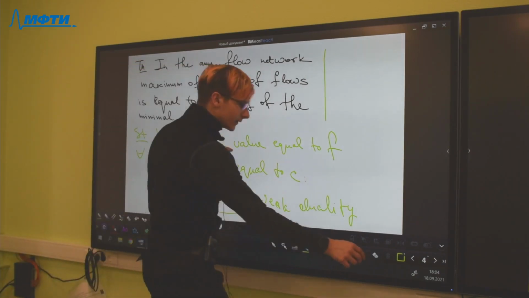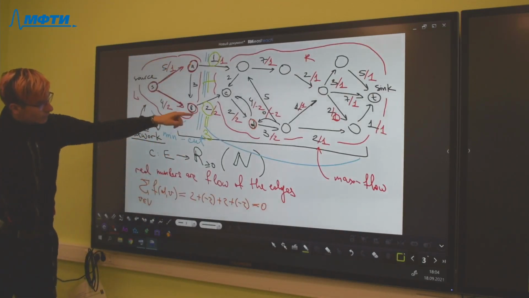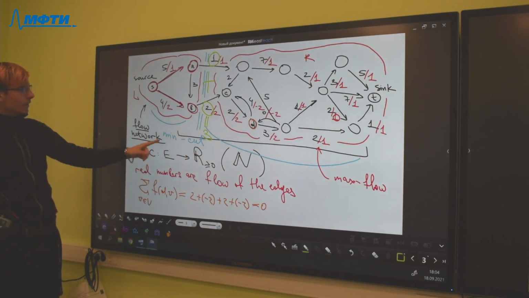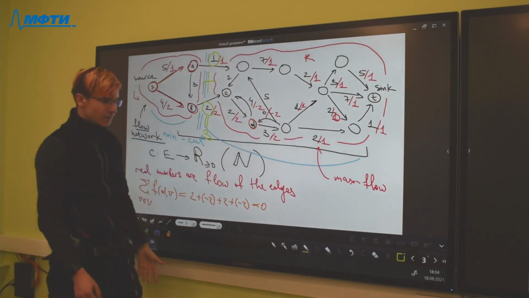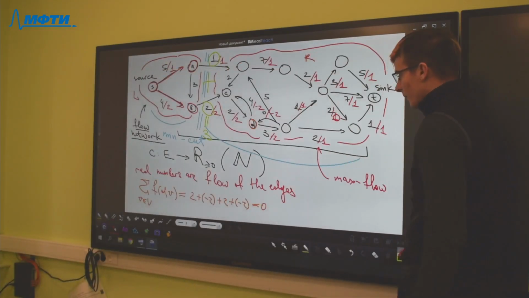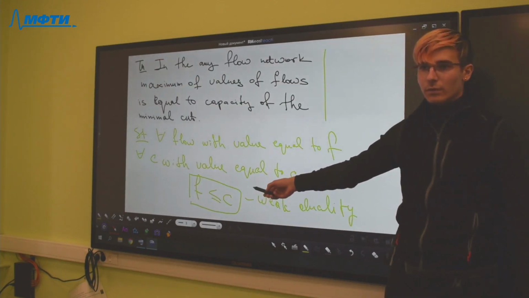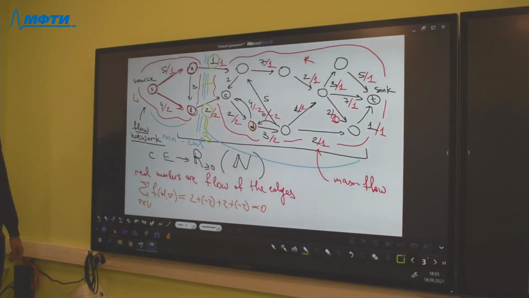For example, in this case, we find the minimal cut because this value is equal to 3 and the value of this flow is equal to 3 too. And then we get equality in this moment, and then we say that it is the minimal and maximal cut and flow respectively.